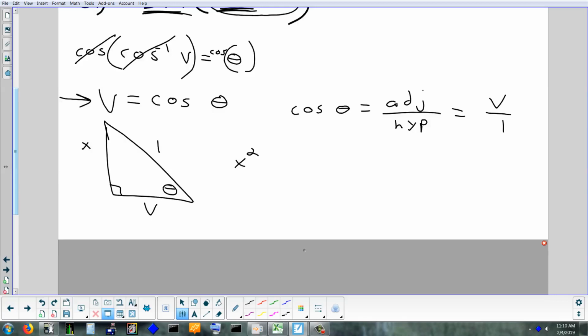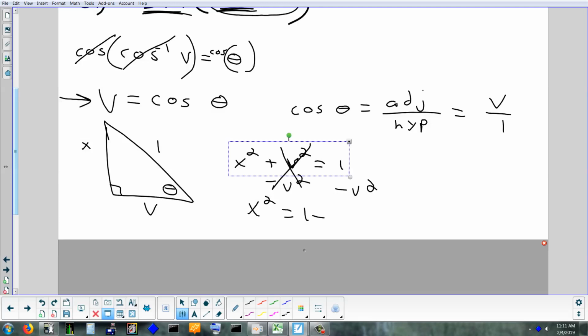X squared plus v squared. I mean, you can put 1 squared, but 1 squared is just 1. Now, I'm trying to solve for x. So what's the first thing I could do to get x squared by itself? What could I move to the other side? V squared? Yep. And how would you move a positive v squared to the other side? You need to subtract v squared from both sides. Yep. So that's the first step.